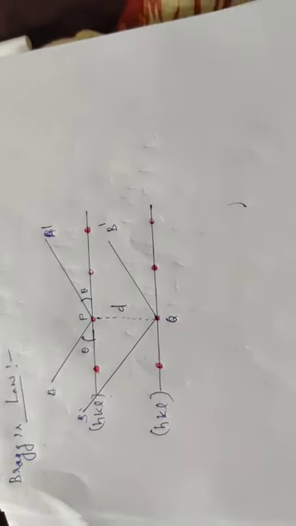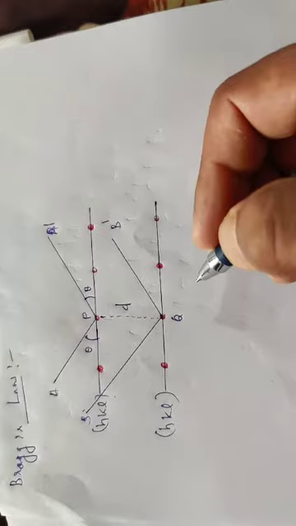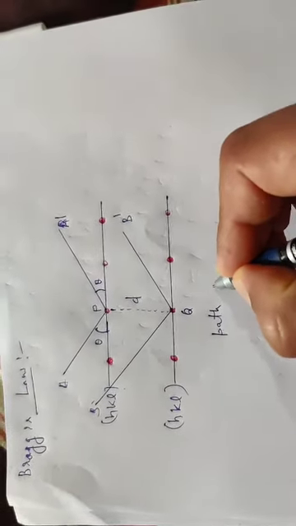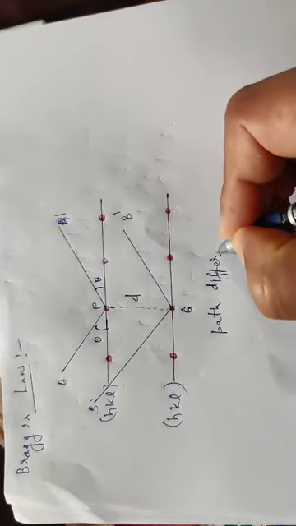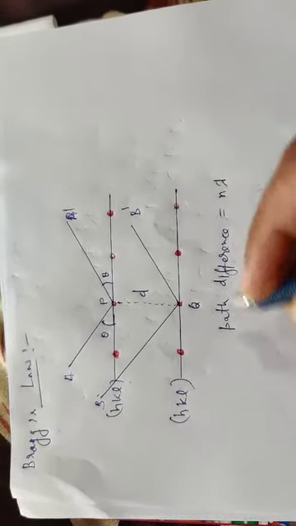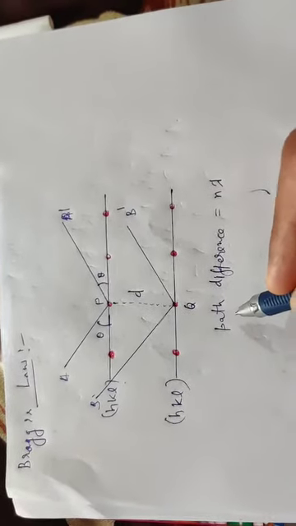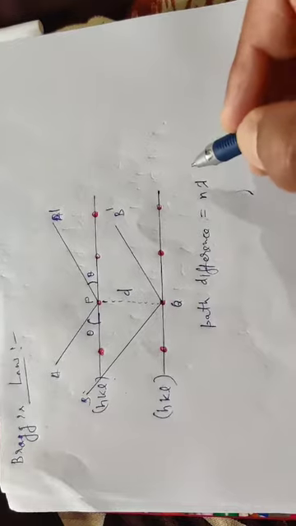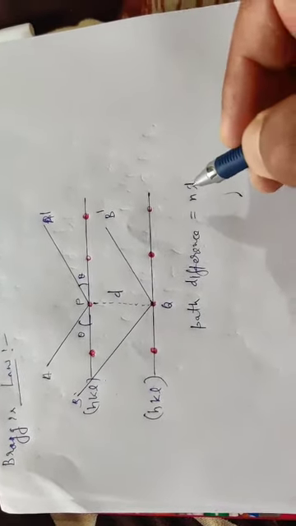To get the maxima, we have the condition that the path difference is equal to n lambda. This is the condition for the maxima in diffraction.